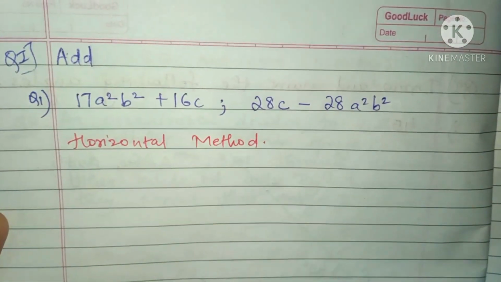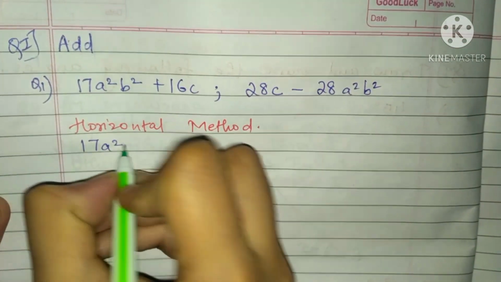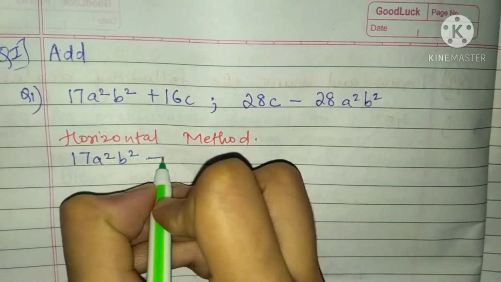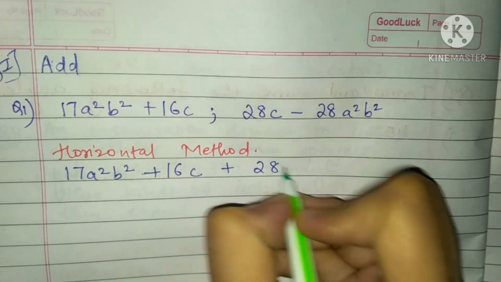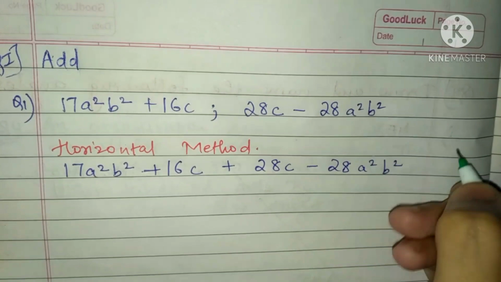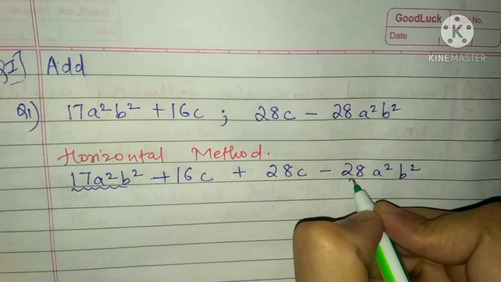Let us see first how to add by the horizontal method. First we will write 7a square b square plus 16c. We have to add it with the second expression, that after the semicolon, that is the second expression. So now we will collect the like terms together.